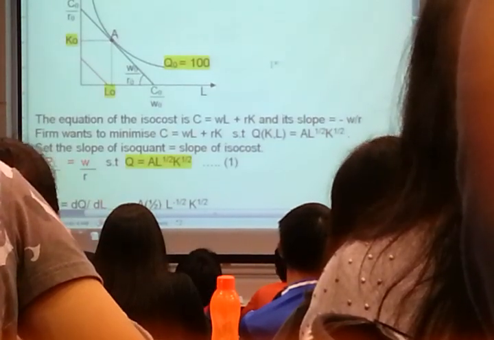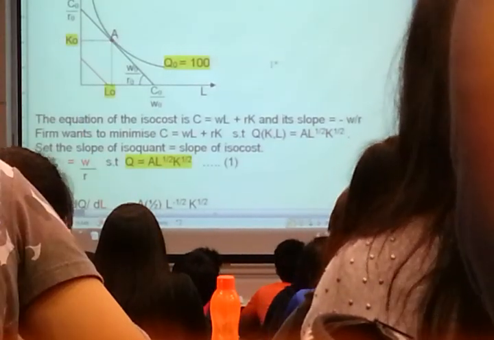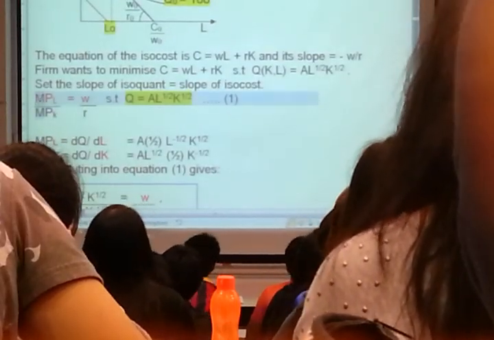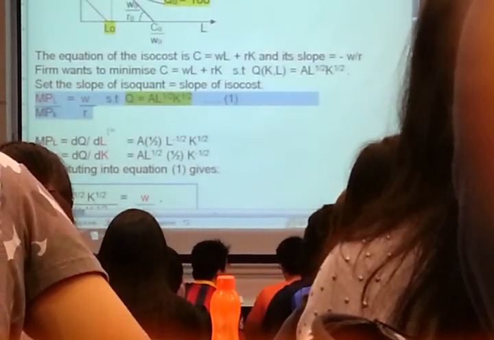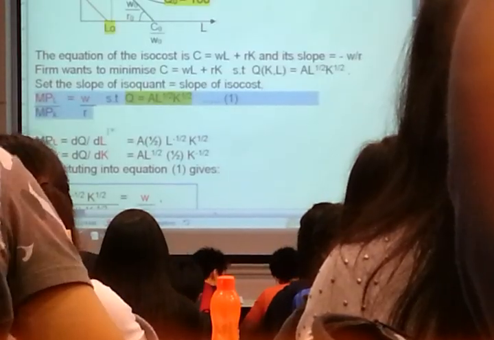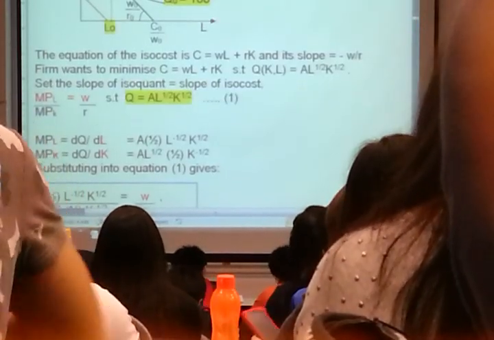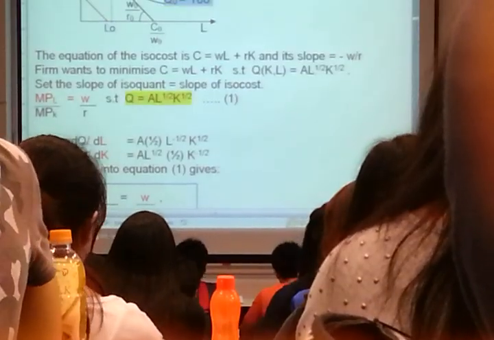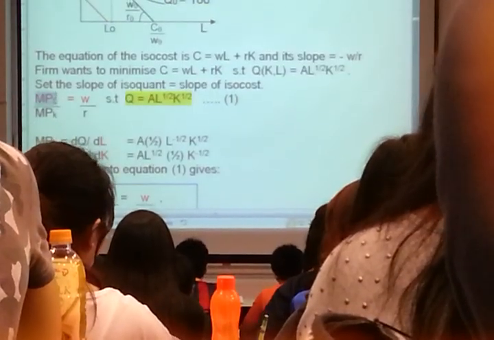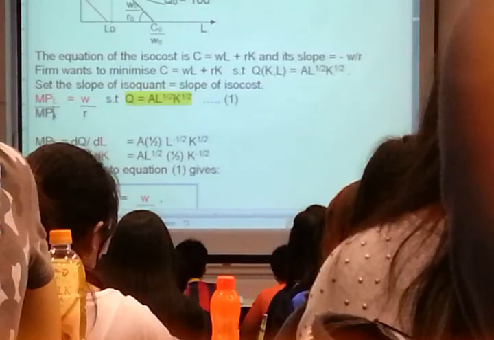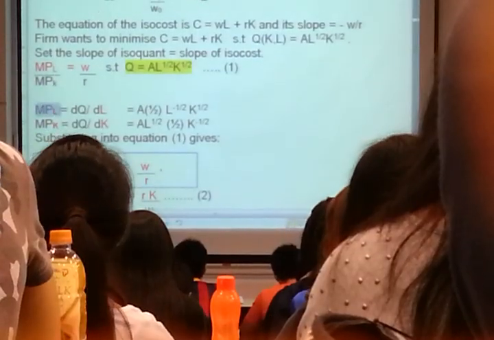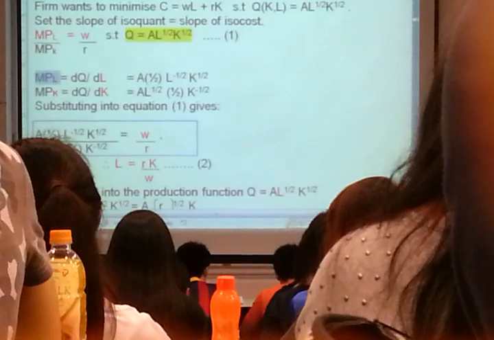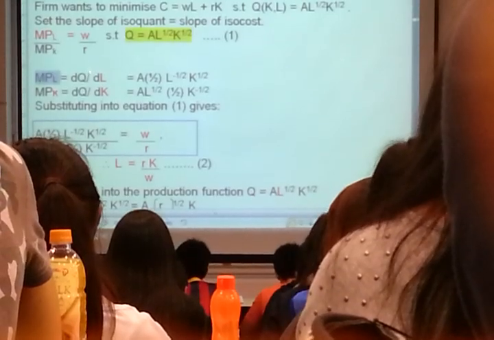Okay, once your initial setup is correct, this is the most important part. The rest of the thing becomes secondary. Why? You work from here. Now you become very focused, you know exactly what you want. You need this, and you need this. So what's MPL? What's the marginal product of labor? The marginal product of labor is the additional product.